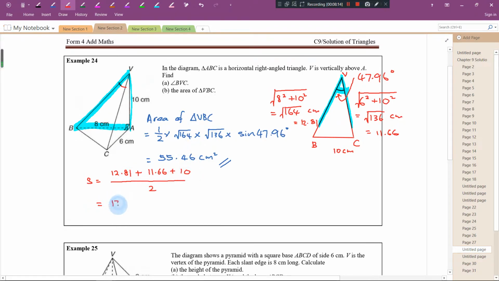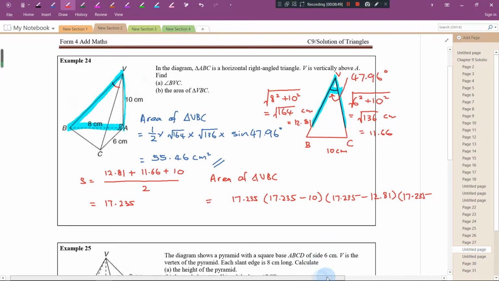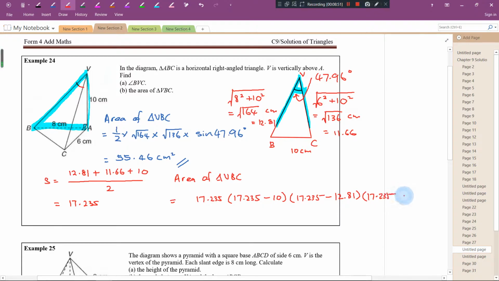Okay, so the answer here is 17.235. Now we can start to use the formula to get the area of this triangle. Area of triangle VBC is equal to the square root of 17.235 times 17.235 minus 10, times 17.235 minus 12.81, times 17.235 minus 11.66.